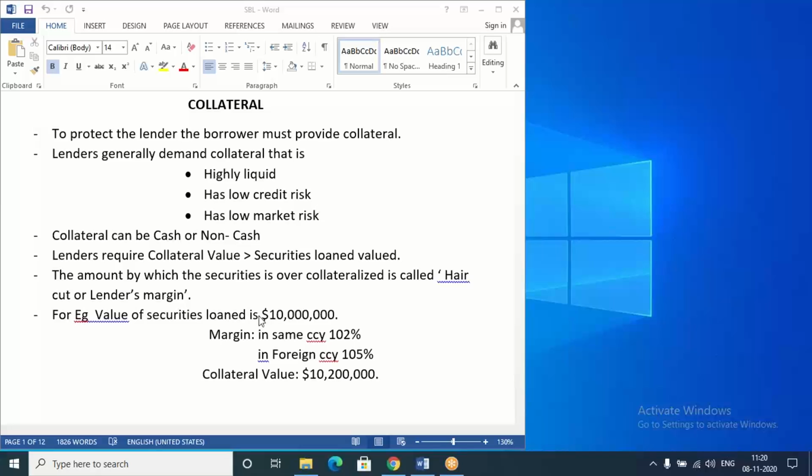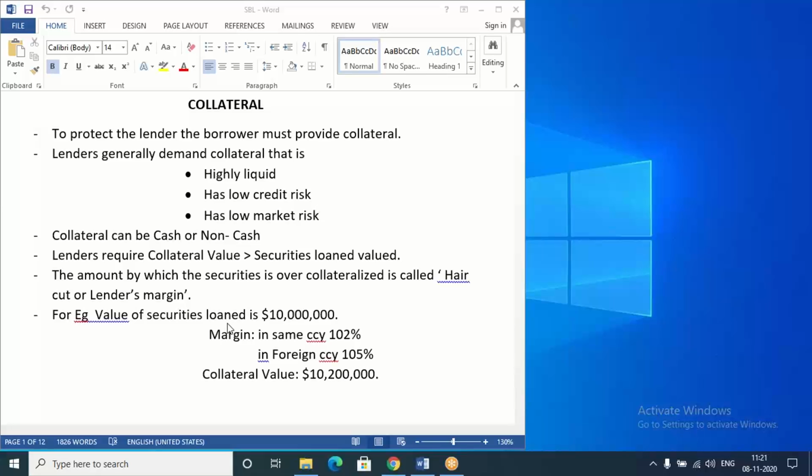Let's say the value of the securities loaned is 10 million, and if the borrower is giving currency or even non-cash collateral, the value of that collateral has to be 10.2 million. If the securities borrowed are denominated in dollars, but the borrower is giving collateral in euro bonds or euro cash, then usually the lender's margin is 5%.